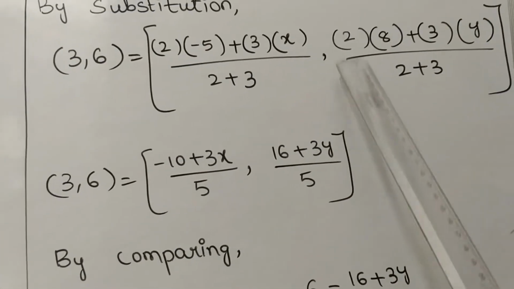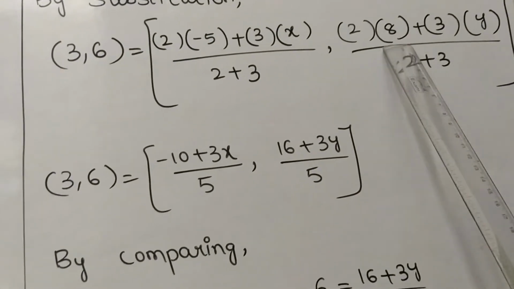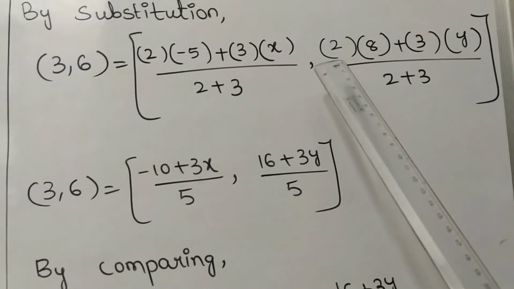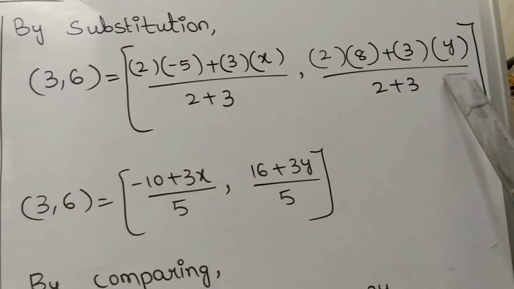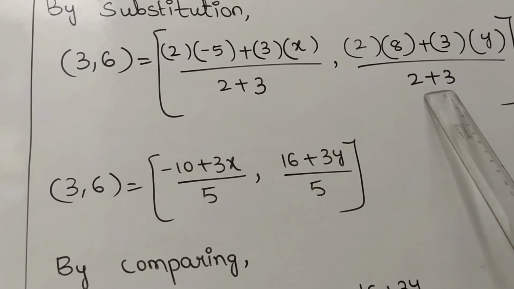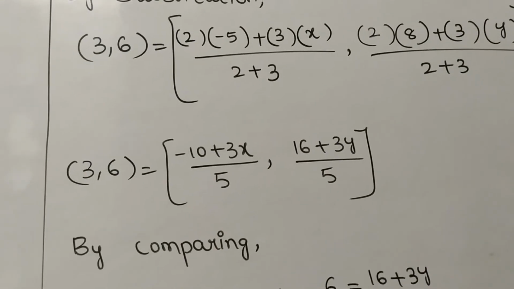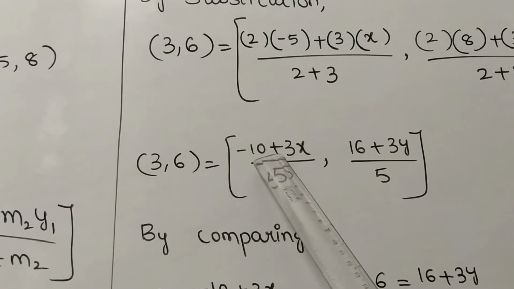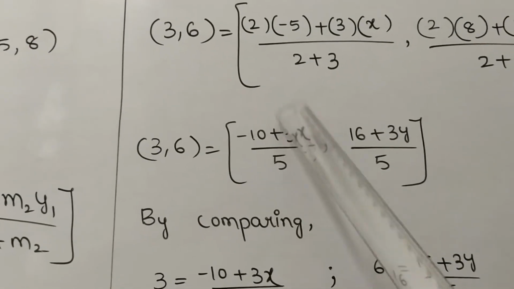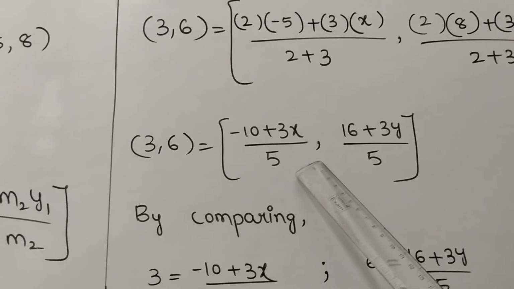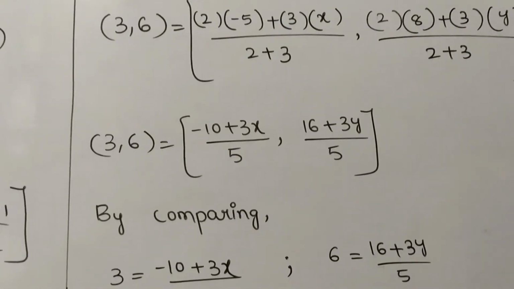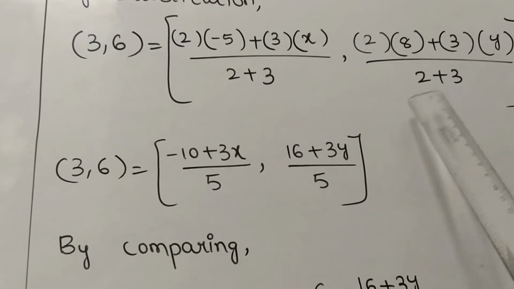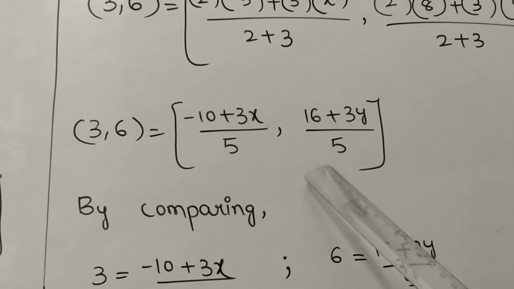Next, similarly here m1 y2. The y2 value is given as 8 and y1 is y. So similarly here you will get 2 into 8 plus 3 into y, by 2 plus 3, that is m1 plus m2. Next, 2 into -5 is -10, plus 3x, by 2 plus 3 is 5, comma 2 into 8 is 16 plus 3y by 5.